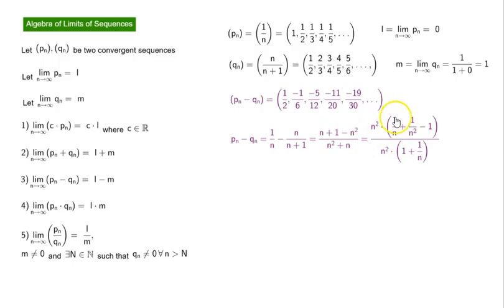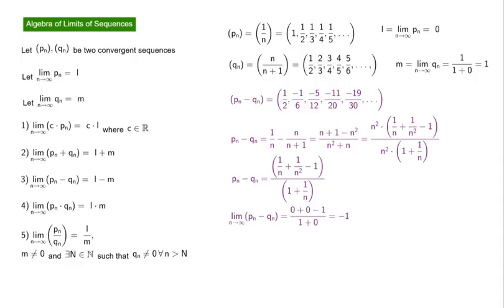We get n square times 1 by n plus 1 by n square minus 1, the whole thing divided by n square times 1 plus 1 by n. N square and n square cancel out, and we are left with 1 by n plus 1 by n square minus 1 divided by 1 plus 1 by n.